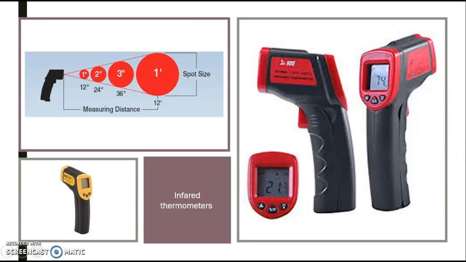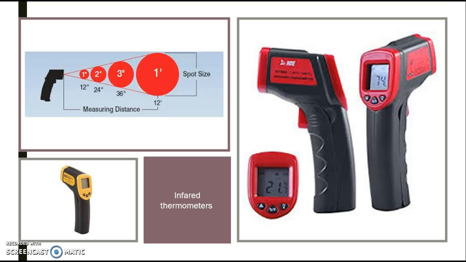A couple examples of infrared thermometers that are handheld. In the top left here, we have a diagram showing that there's a varying degree of the measurement distance and the spot size that you can measure with. As you can see on the right hand side here, we have what appears to be a pretty typical infrared scanner displaying the temperature.